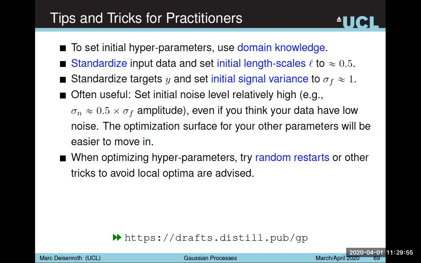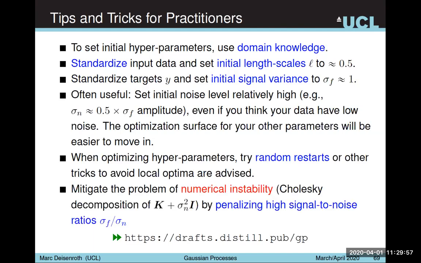Random restarts is already something we mentioned earlier. And sometimes we may be running into numerical instabilities. We already had a discussion a little bit on Workplace a few days ago when you looked at the linear regression problem. I think probably everyone was running into numerical problems at some point. So that can happen here as well.